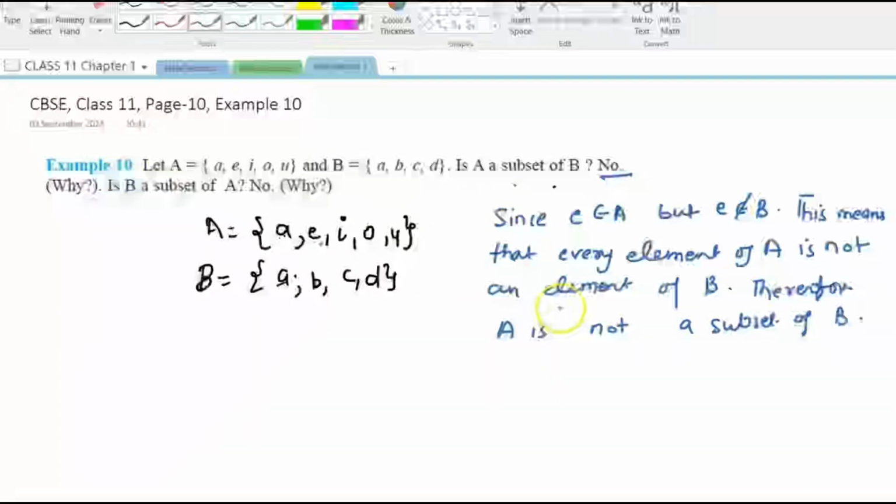And why? Because every element of A is not an element of B. Okay, so this covers the first part.